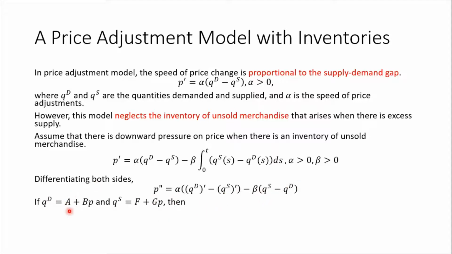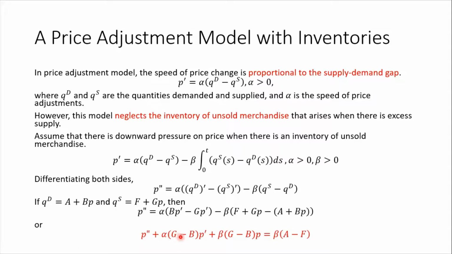If we substitute both QD and QS here and take the derivative, we will get this, right? QD prime: a is a constant, so its derivative is 0, bp gives bp prime, minus QS prime. QS prime will be what? The derivative of f, a constant, is 0, and the derivative of gp will be gp prime. We just substitute all of this in here, right?